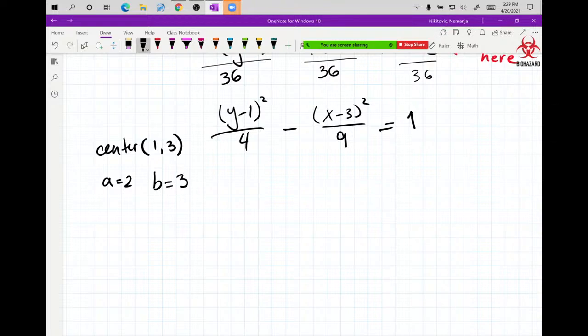Now you can immediately go and calculate foci, right? So c is equal to the square root of a squared plus b squared. That's 9 plus 4, which is 13. I don't need the c squared if I'm going to have a root. It's the square root of 13. So one more time, 4 plus 9 is 13.